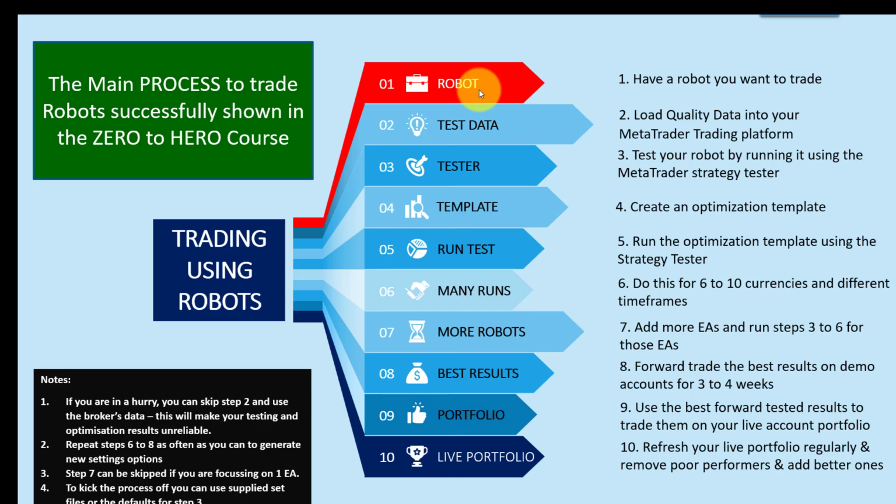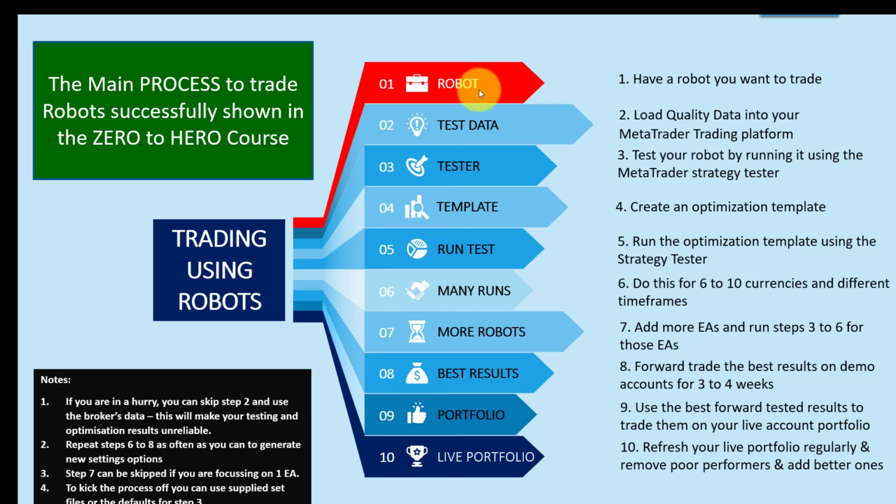Then you need to go to the strategy tester and load that robot into the strategy tester. The first step is not to optimize it, but to get to know that robot. So you would look at each setting, read the user manual, find out how each setting works, and go through the whole robot.